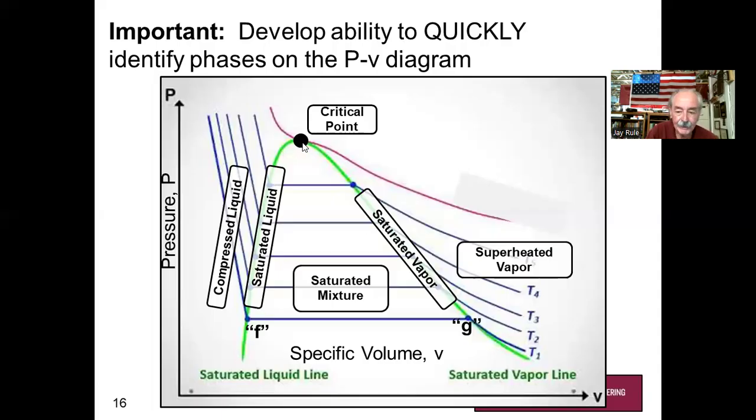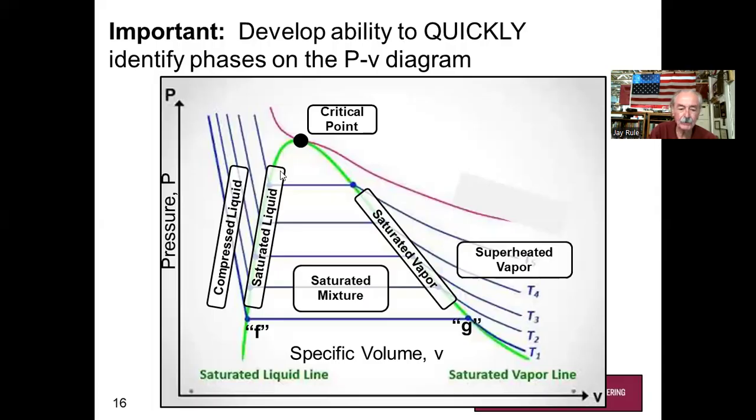Here's the critical point. It's the point where this dome has a maximum value. So do you see that this pressure right here would be considered the critical pressure? And this specific volume here, whatever that number is, would be called the critical specific volume. And this line of constant temperature, this purple line, would be called the critical temperature.